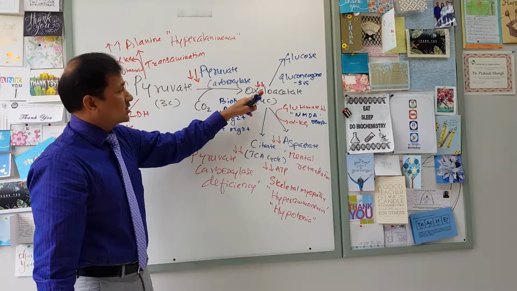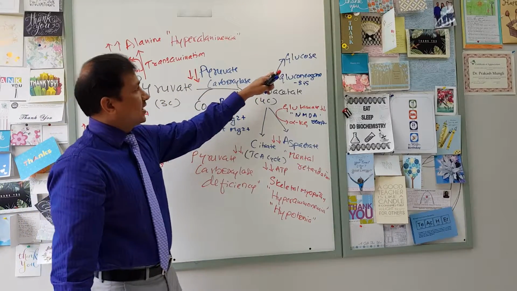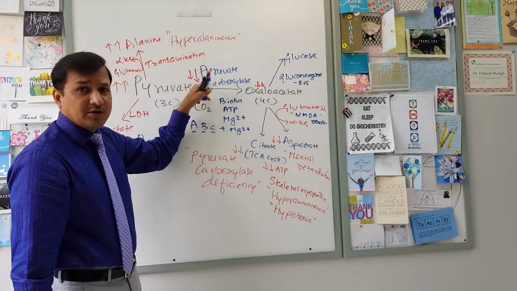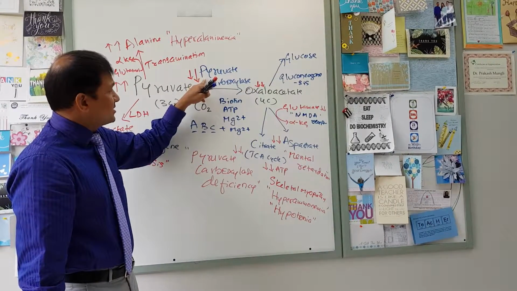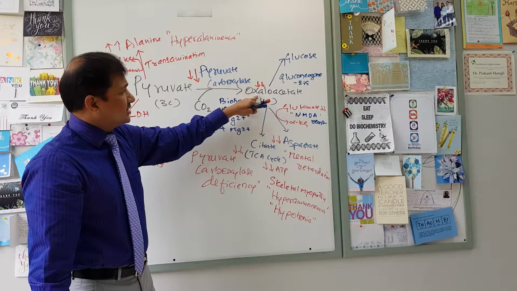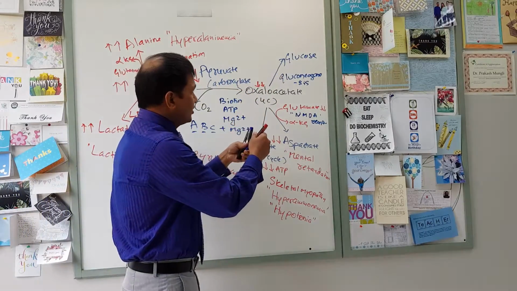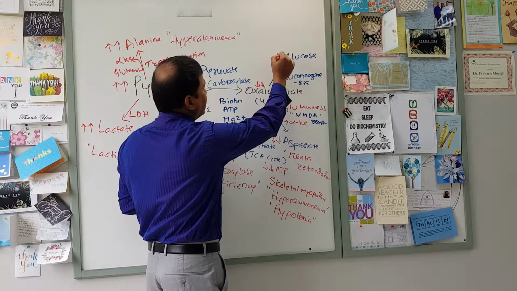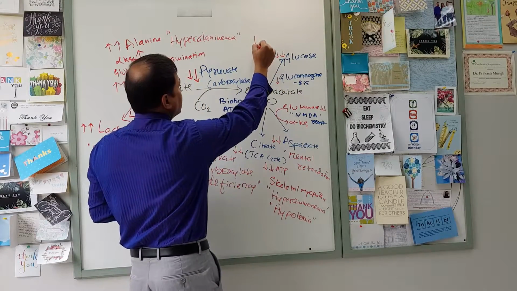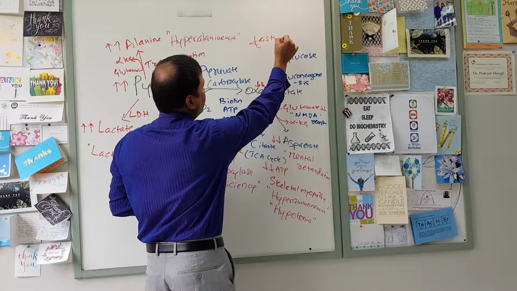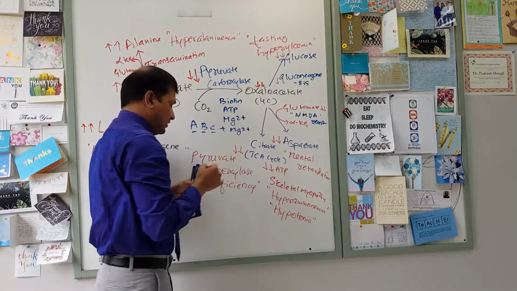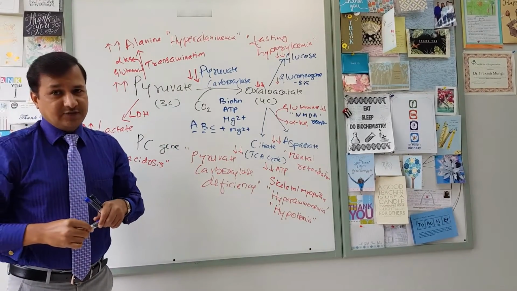Pyruvate has to go into oxaloacetate, and then oxaloacetate will go into glucose formation. For that you need the pyruvate carboxylase enzyme. So if this enzyme is deficient, oxaloacetate is decreased, that means gluconeogenesis will decrease, and that will give rise to decrease in glucose, and that will cause fasting hypoglycemia. Fasting hypoglycemia is one of the signs seen in pyruvate carboxylase deficiency.